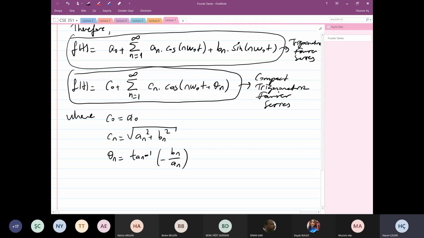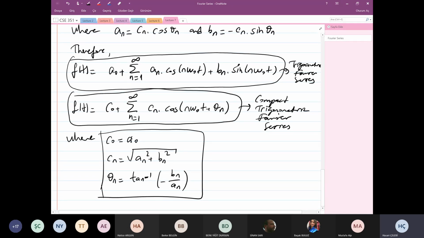So if I obtain the trigonometric Fourier series, then using its parameters I can convert it into the compact trigonometric Fourier series using this conversion equation, which shows the relationship between Cn, an, bn, C0, a0, and theta n. So we can switch or convert from one to the other using this relationship.